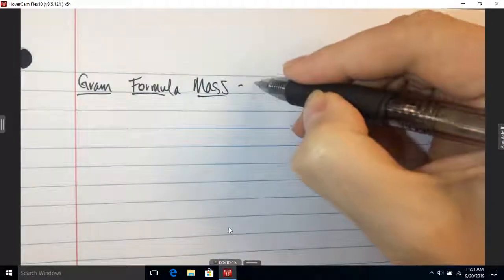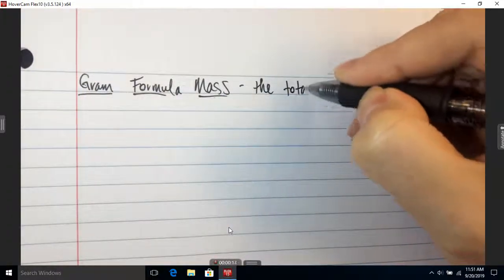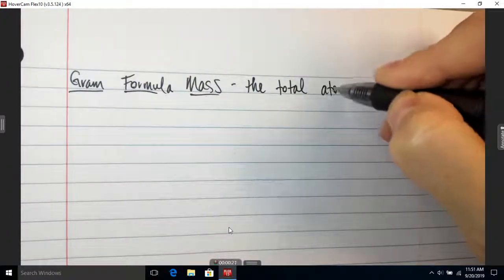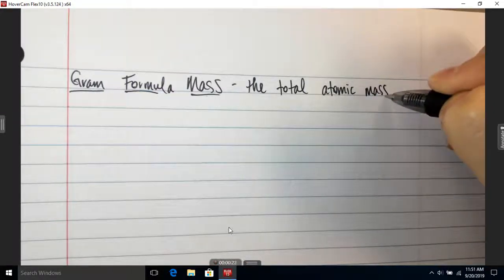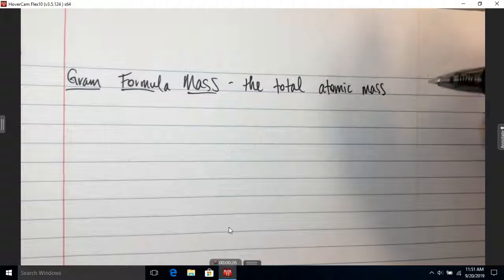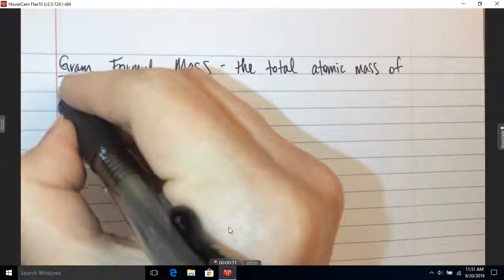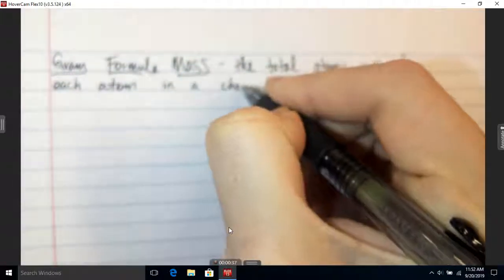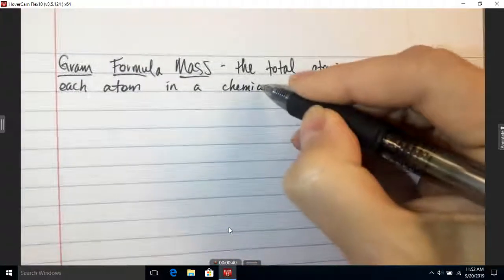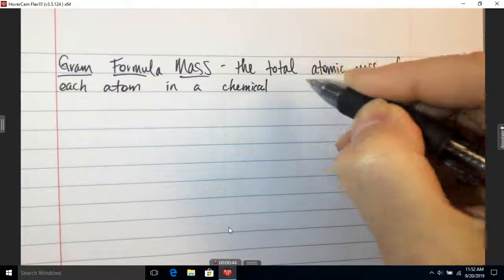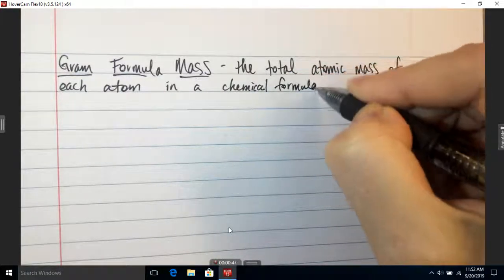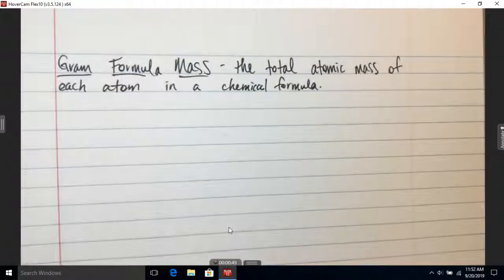That is the total atomic mass of each atom in a chemical formula. The total atomic mass for each atom in a formula.